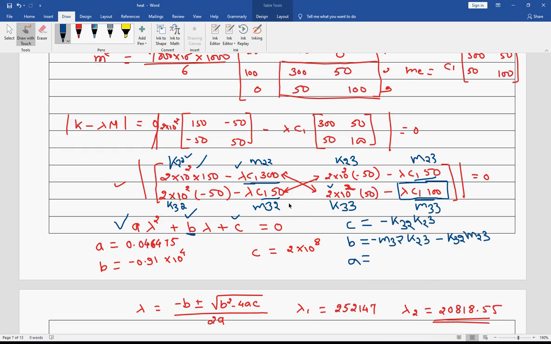Now for A, we are going to contribute M32 and M23, that is going to go for the lambda, and that will again be subtraction. So minus M32 into M23. So this will add all the subtraction terms.